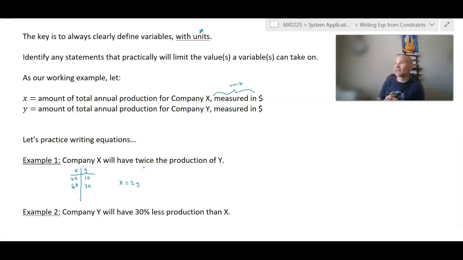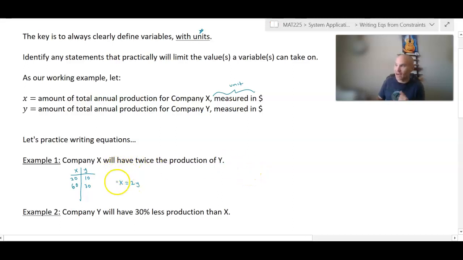Now, keep in mind that the order in which the variables appear is not the way you should write it, because I can actually rephrase that in a way where it'll make it seem like it should be Y equals 2X. I could say whatever company Y produces, X will produce double that. And in that case, it almost seems like it should be Y equals 2X.